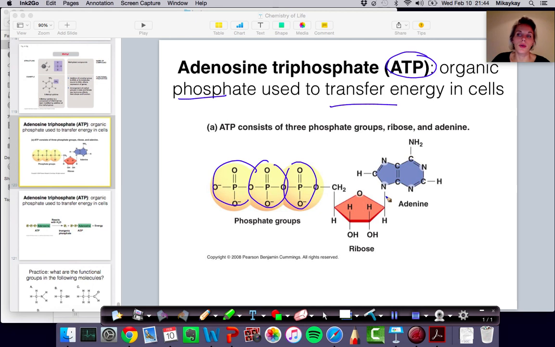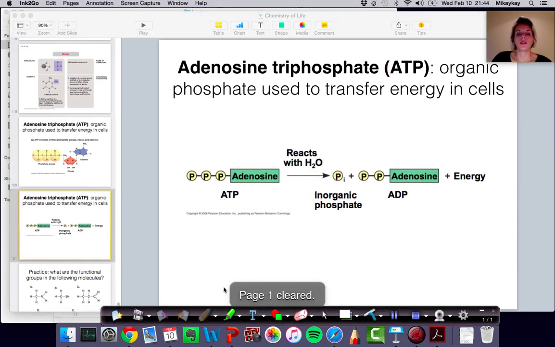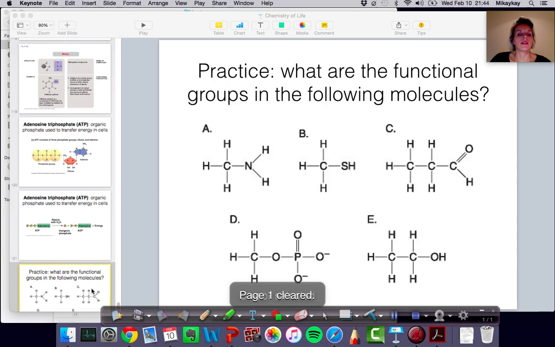It's a really important compound for cells having energy to do everything they need to do. Essentially, the energy is released when one of these phosphates gets broken off, and a ton of energy is released, which is useful for the cells. Alright, I think this has to be the end.